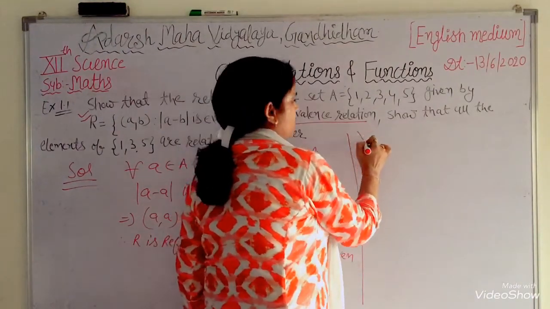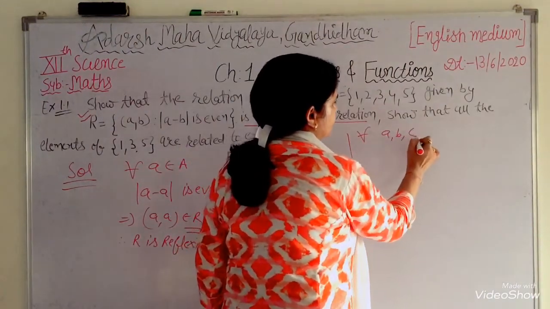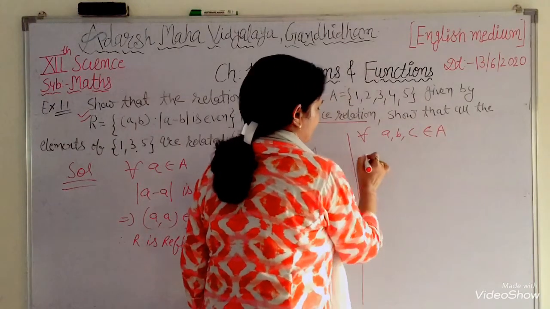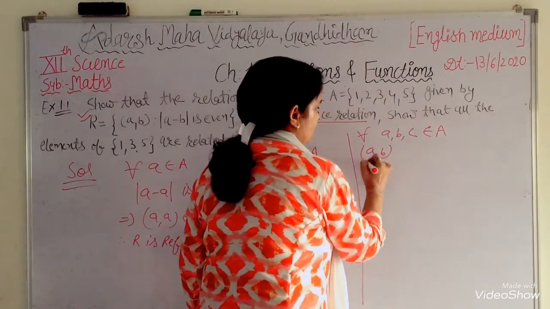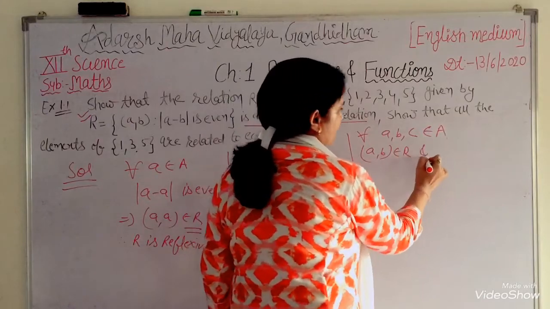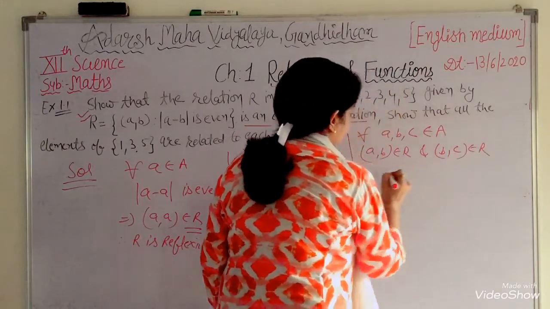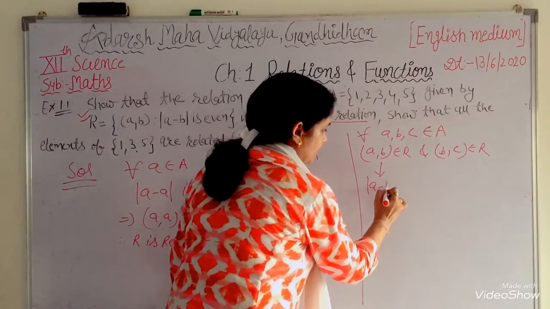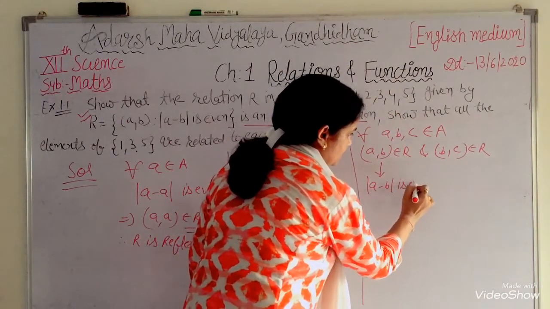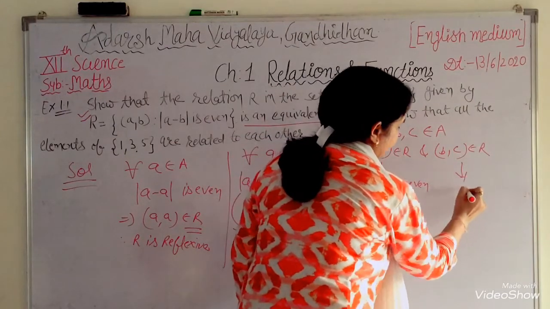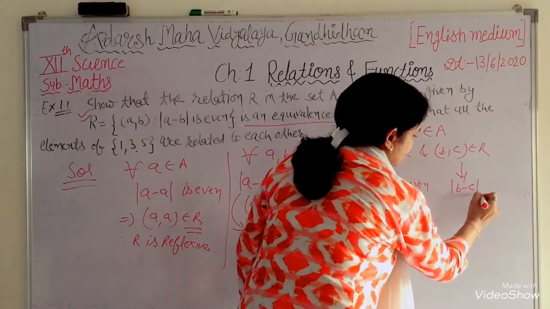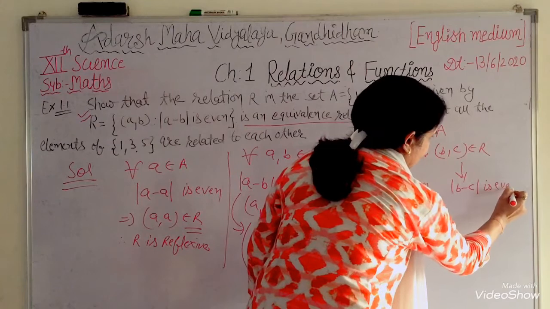Now, for transitive: for all a, b, c belongs to A, (a, b) belongs to R and (b, c) belongs to R. It means a minus b is even and b minus c is also even, student.